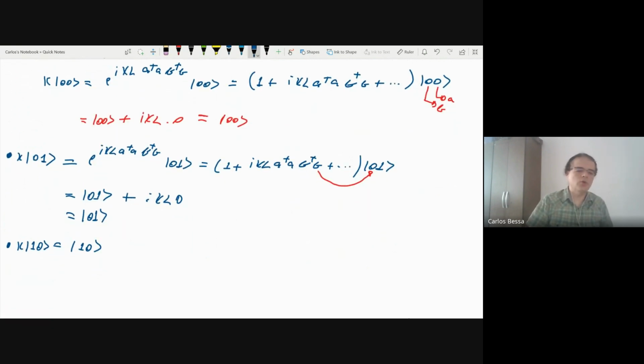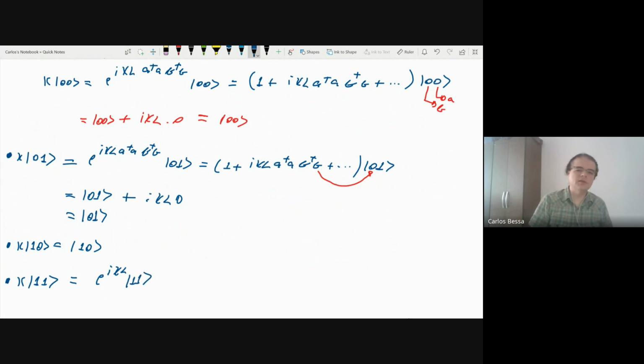So it will in fact only change something when you have one photon coming from mode A and one photon coming from mode B. When you do this, we find that the result is this one.